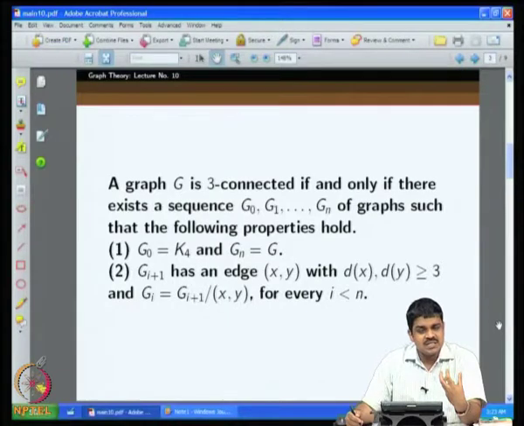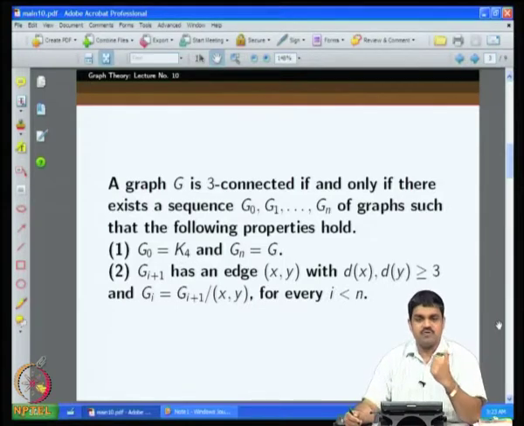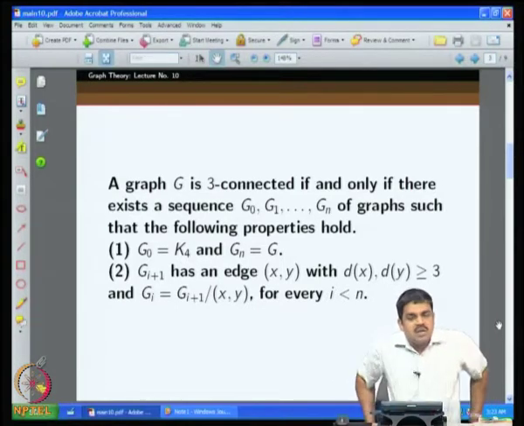As long as the cardinality is greater than 4, you can again find an edge such that if we contract that edge, we still retain 3 connectivity. We can contract that edge and we will get a smaller graph, smaller by 1 vertex, and because it's again 3 connected, we can find another edge with the same property and keep going until we reach the situation that the number of vertices is 4.